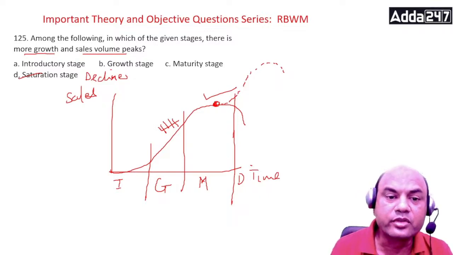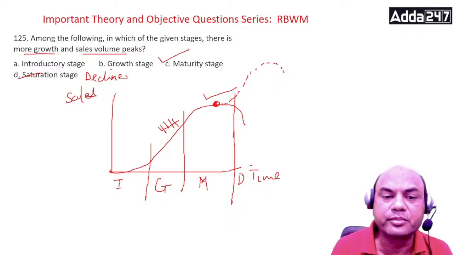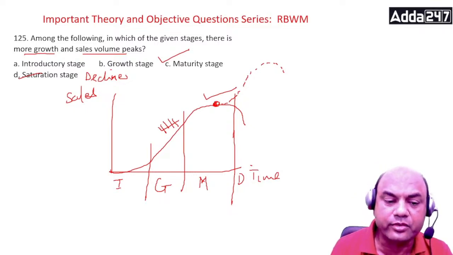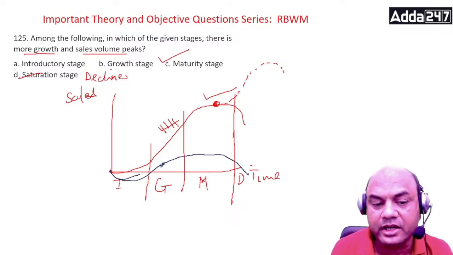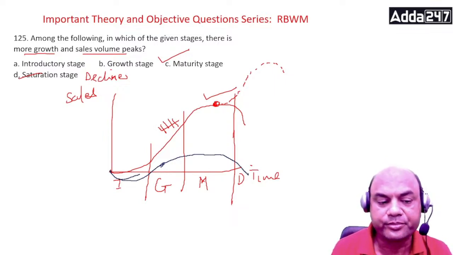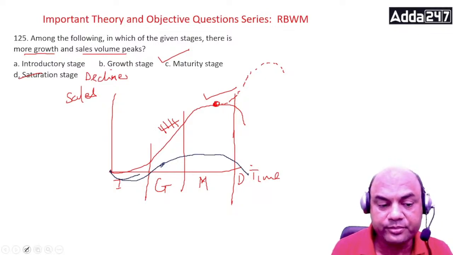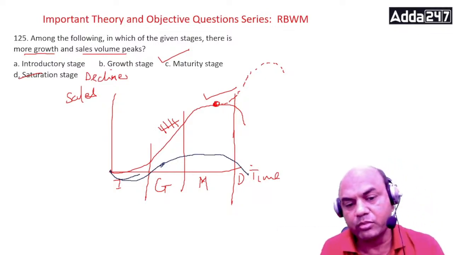Got it? So sales volume peak is the maturity phase. Okay. If you look at the profit graph, it will be like this. It will go down first, then it will start growing over here, and then it will grow like this, and then like this. So profit will be first negative, and sales will start from zero. That is the difference. Okay. Move on.